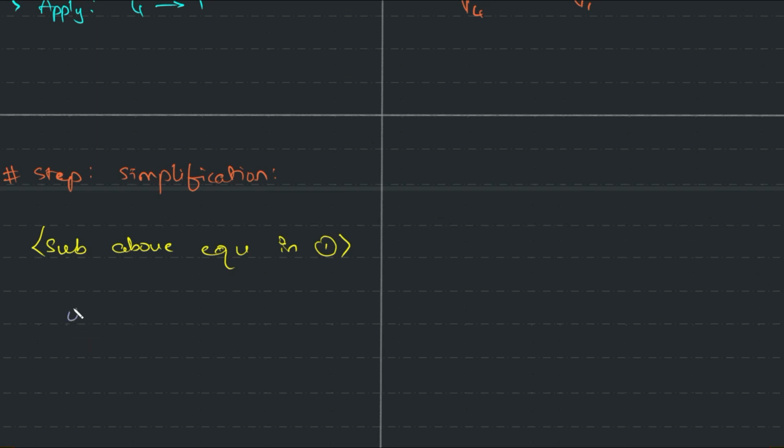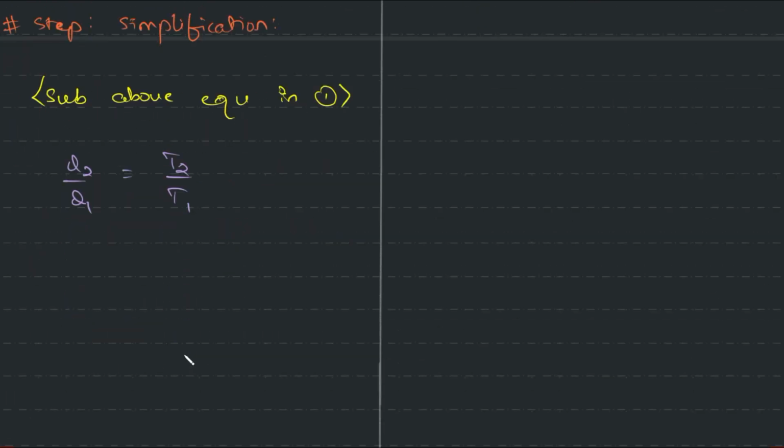We end up with Q2 by Q1 is equal to T2 by T1. And this, if you substitute in your efficiency, 1 minus Q2 by Q1 will be equal to 1 minus T2 by T1. That's it. Quite simple, right?